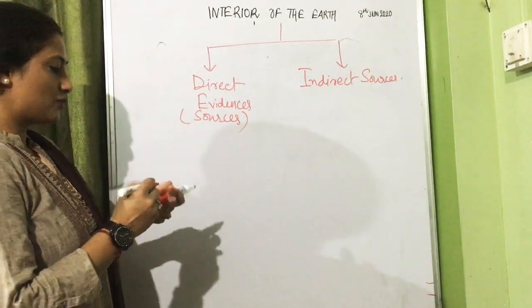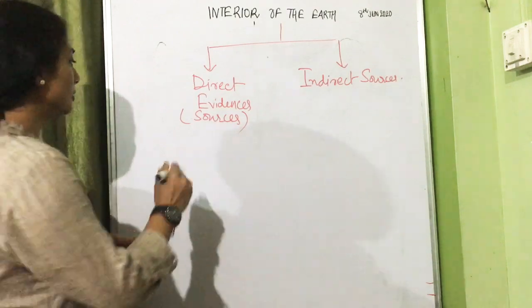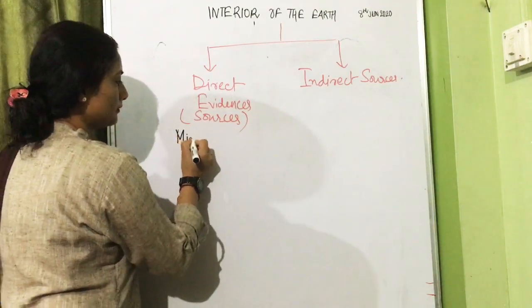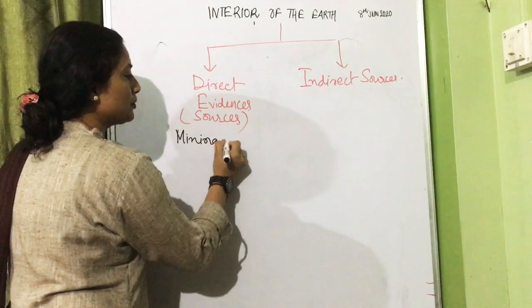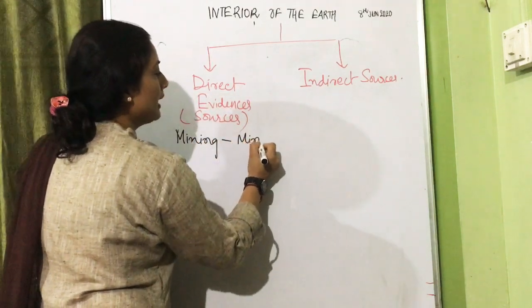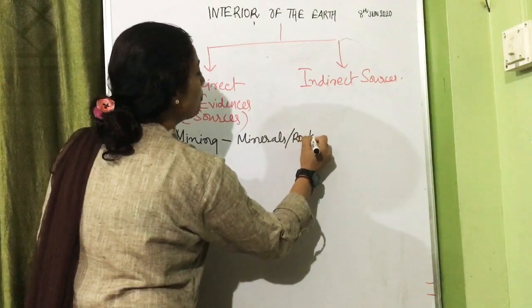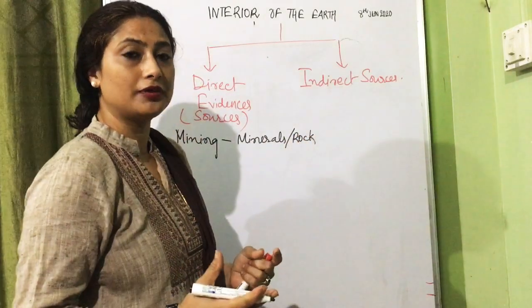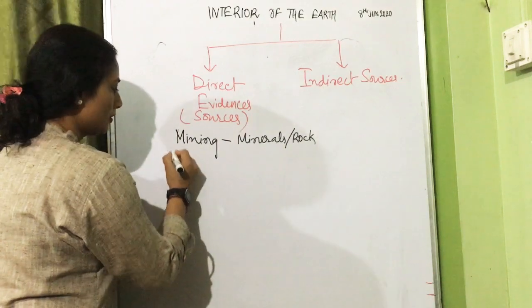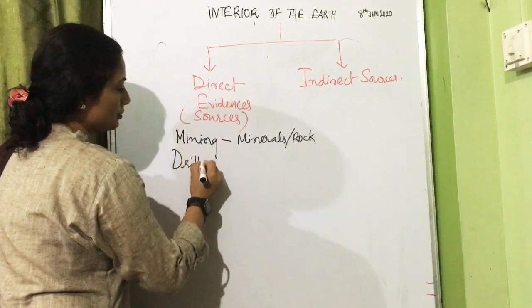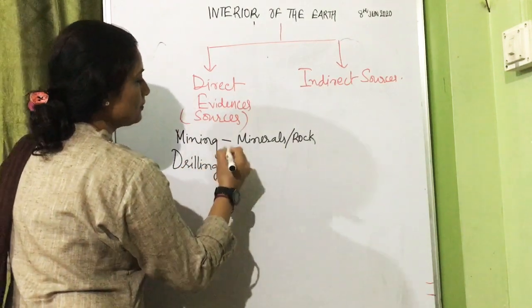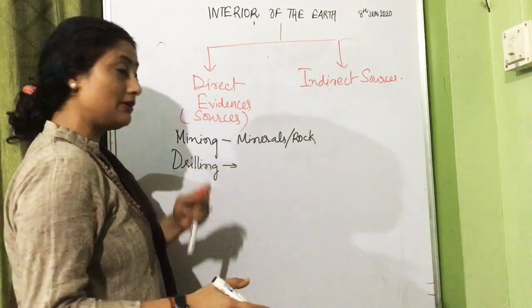Regarding the direct sources, it can be by mining, which will help us get minerals, and by studying the rocks and minerals we can know the structure of the earth to a certain extent, or we can go through deep sea drilling to know the earth's interior.